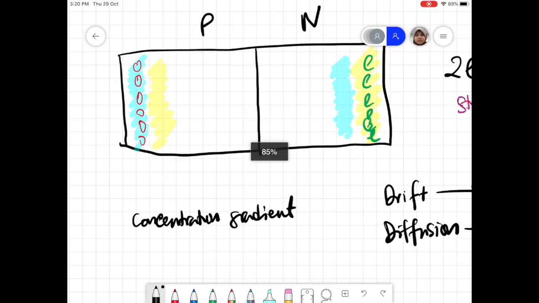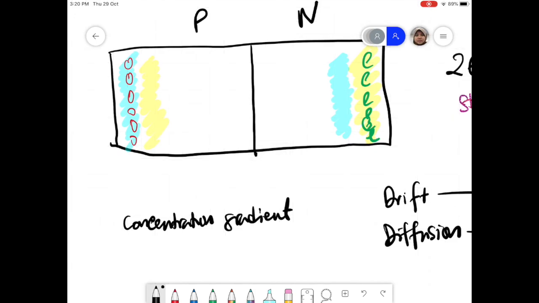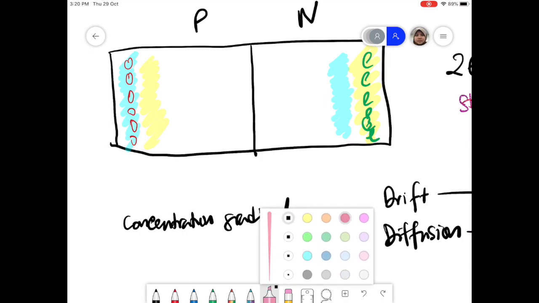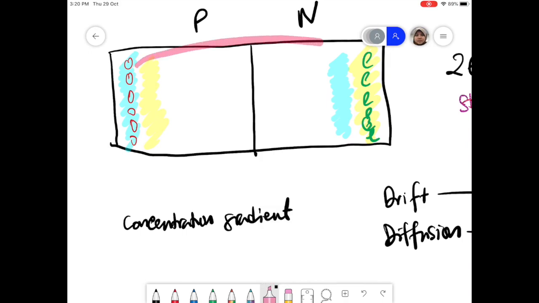So now we can see there's a concentration gradient, so the holes will diffuse to the N, and the electrons will diffuse to the P. Because the electron wants to go where there's no electron, holes like to go where there's a lot of holes.